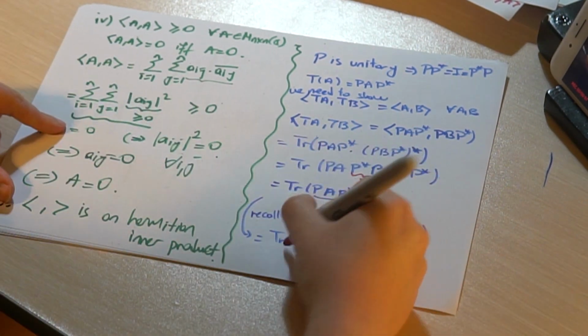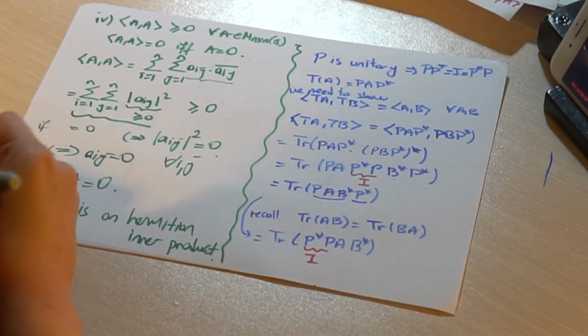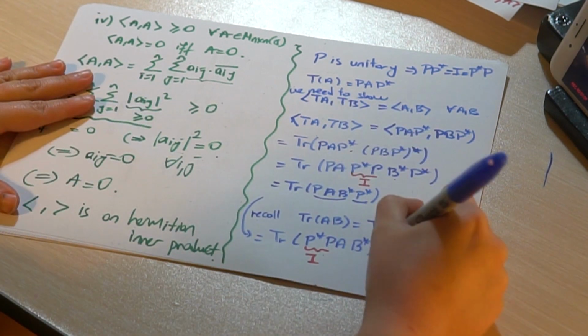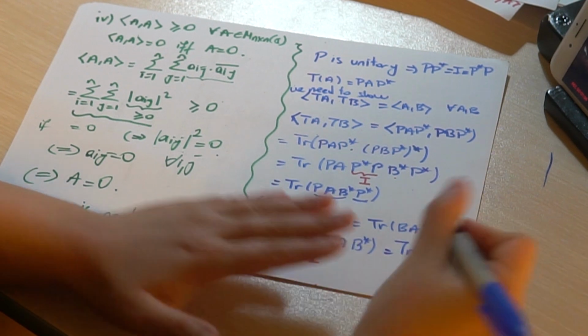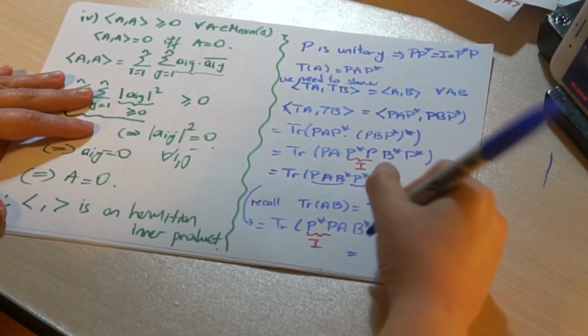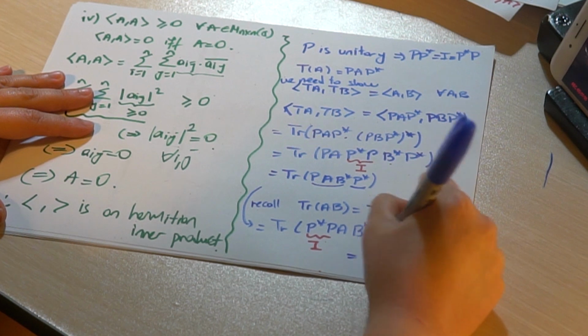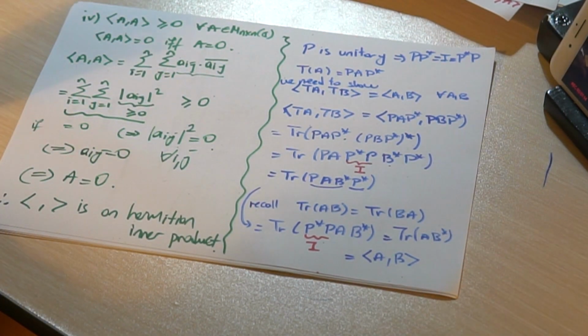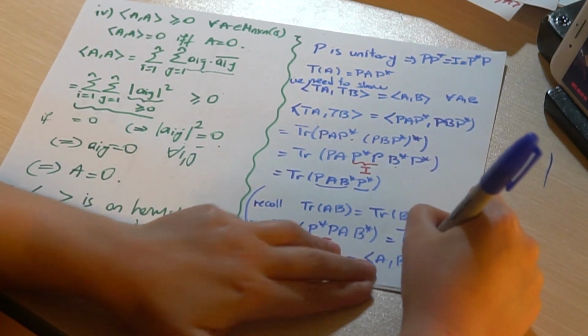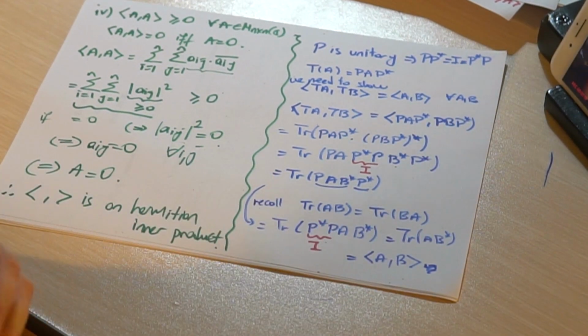Again, since P is unitary, this is identity. So we have trace of A B adjoint. So this is equal to the inner product of A and B. So this is what we need to show. This completes the proof.